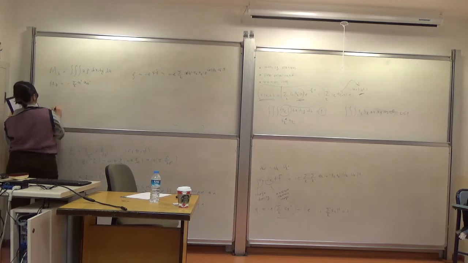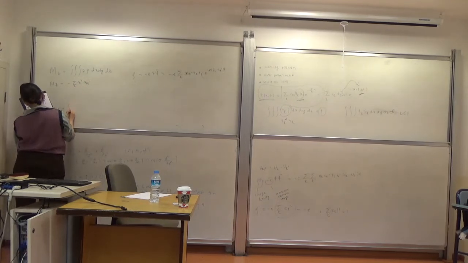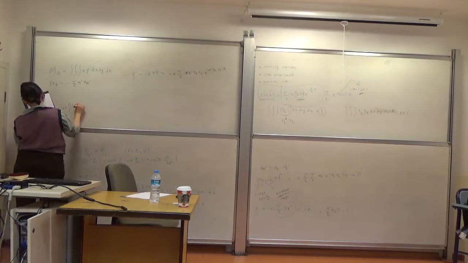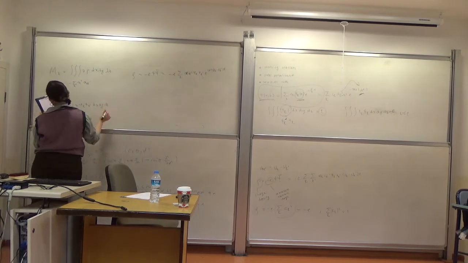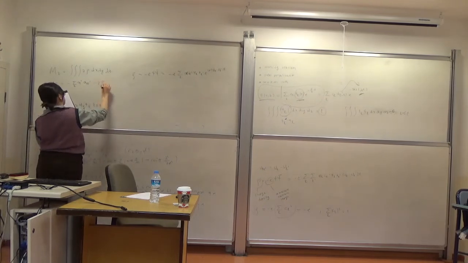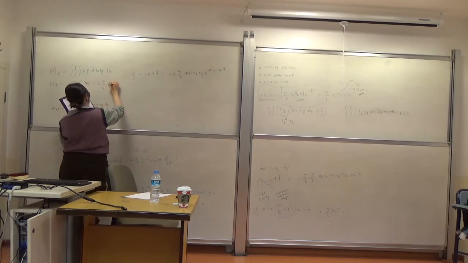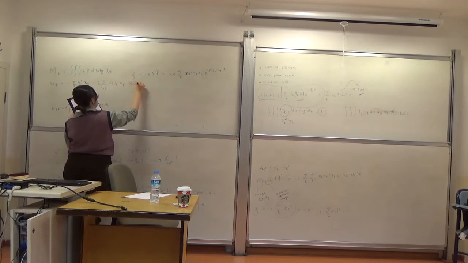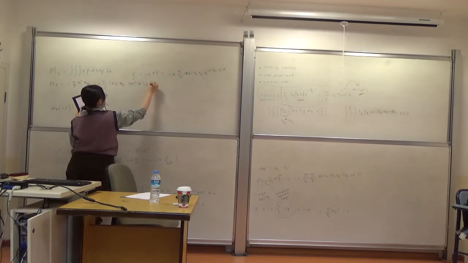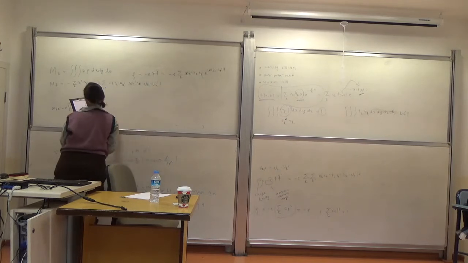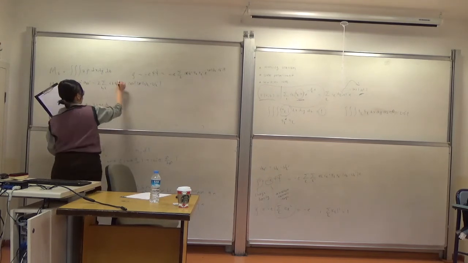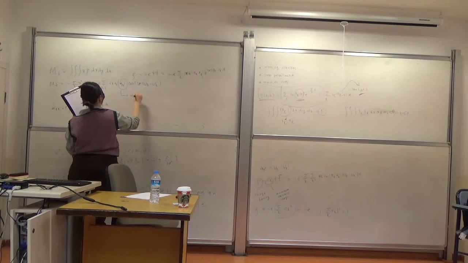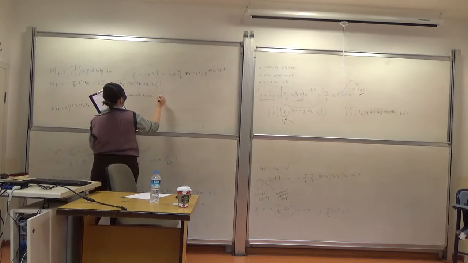This A k k' is this one. And he claims that this A k k' is the amplitude of the dipole, the corresponding dipole.